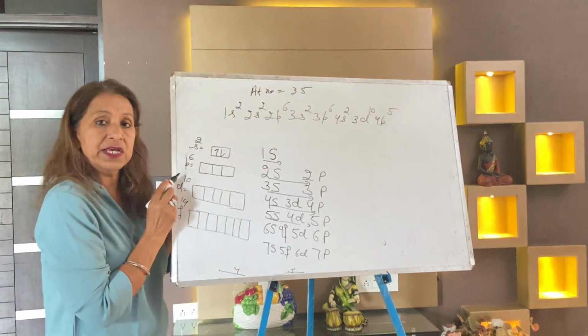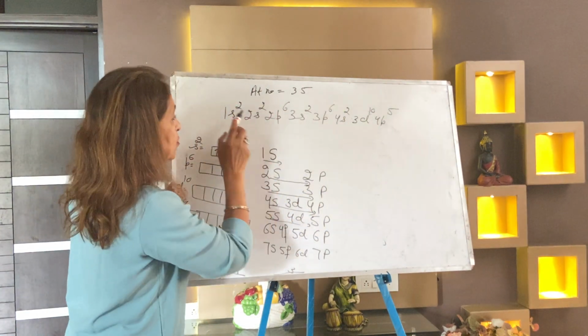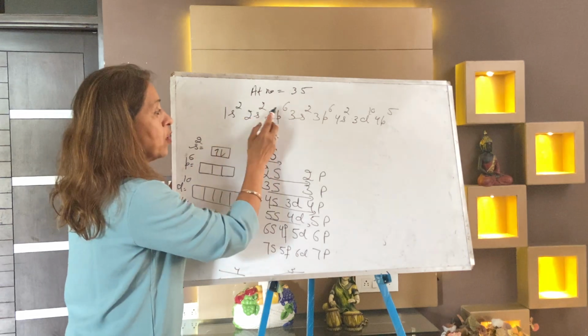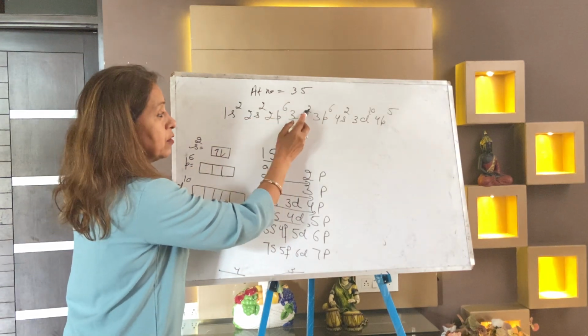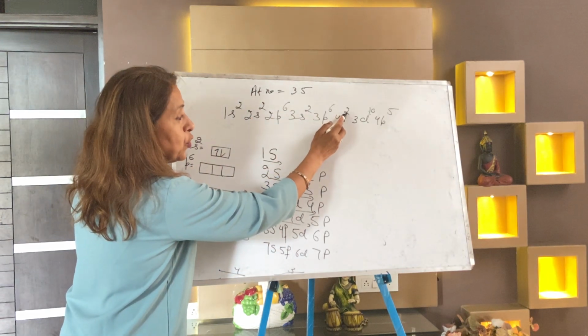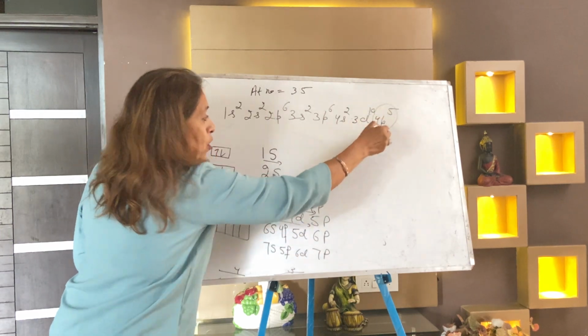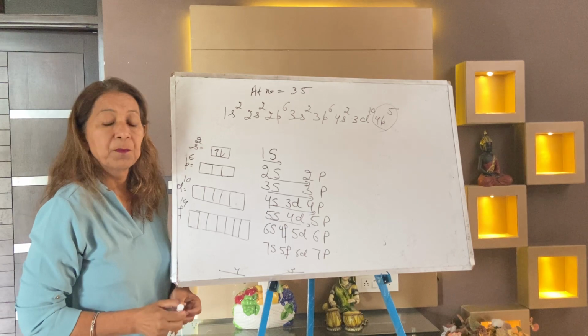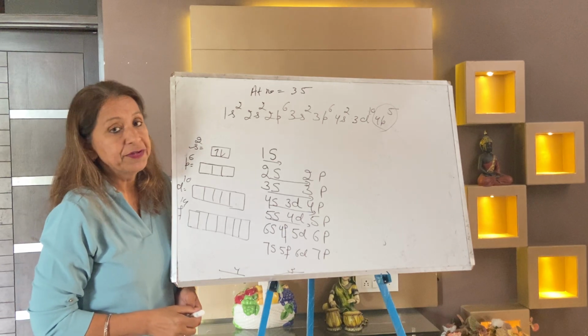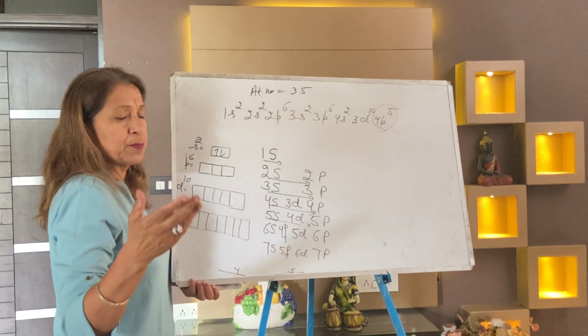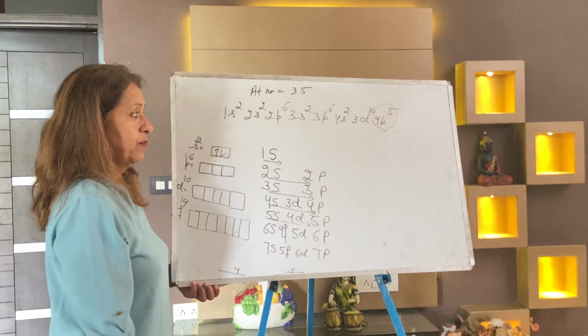Maximum capacity of P is 6, but let us count it: 2, 4, 6, 10, 12, 18, to 20, 20 and 10, 30, 35. So this element belongs to P block, period 4 and group 17. It will come in this position in the periodic table.